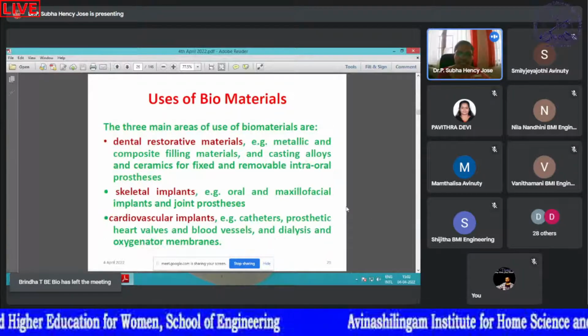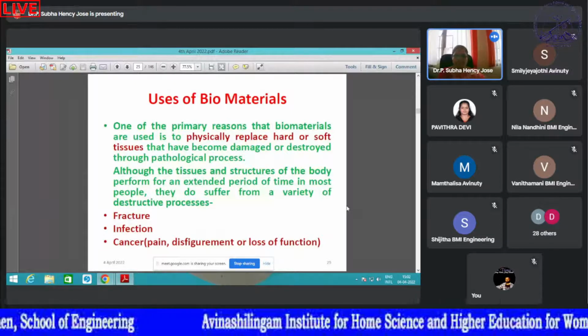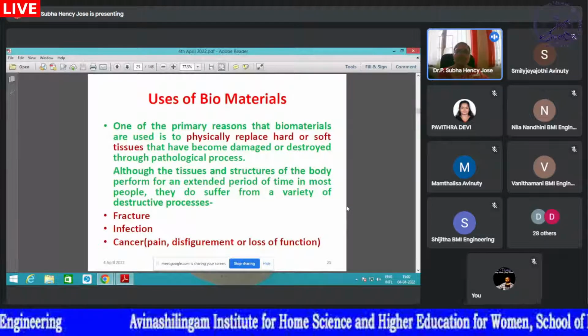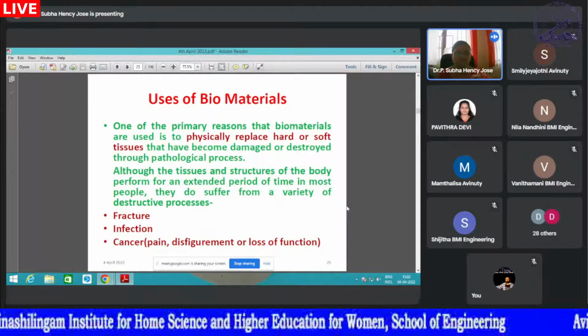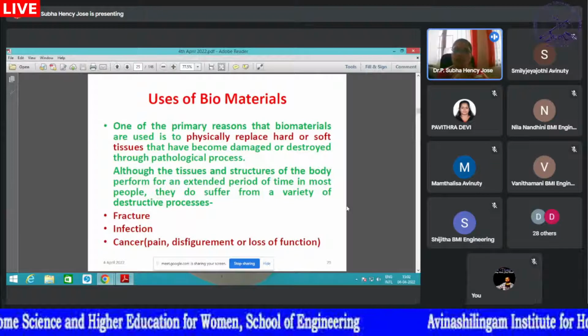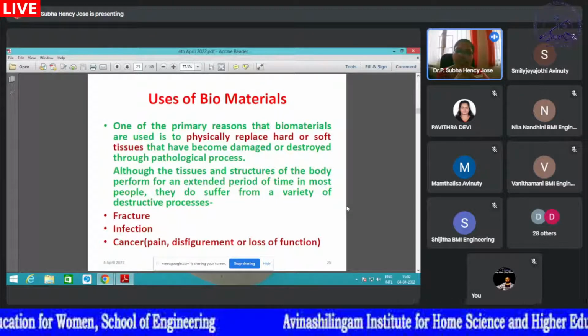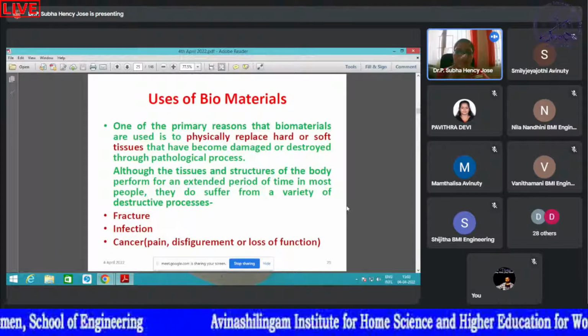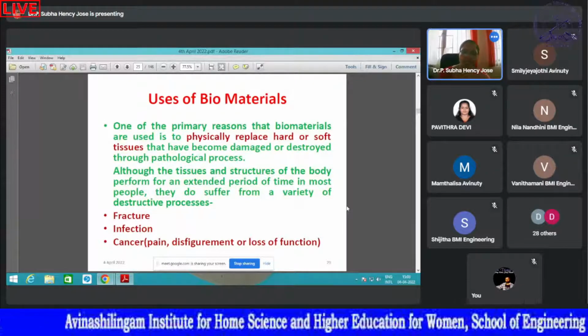What are the problems that are faced by biomaterials? One is that it creates infection, and the next is that it also suffers due to fractures. And there might be some pain or loss of function. That is also a drawback of biomaterials when employed in our body.